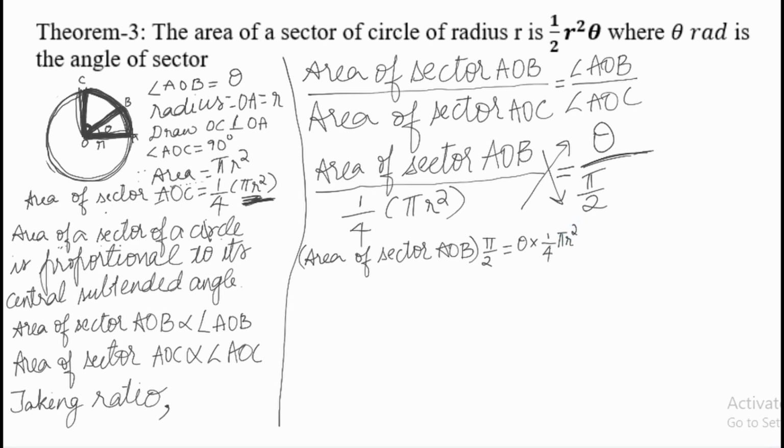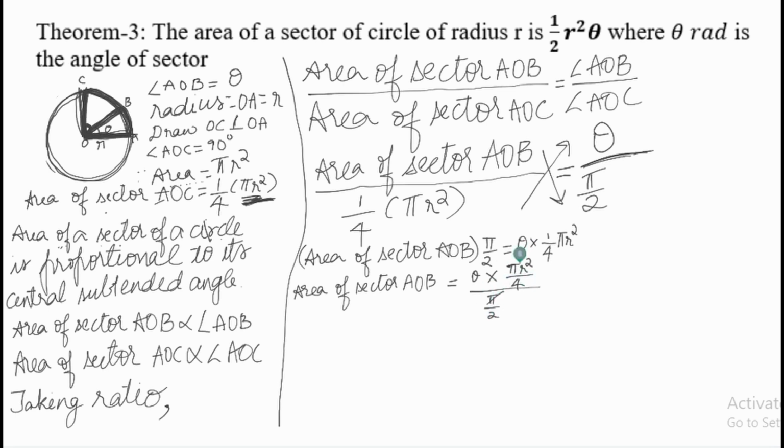Area of sector AOB is equal to theta into pi r square by 4 divided by pi by 2.